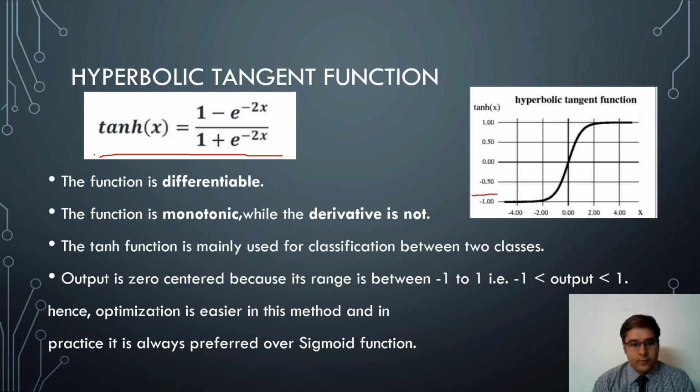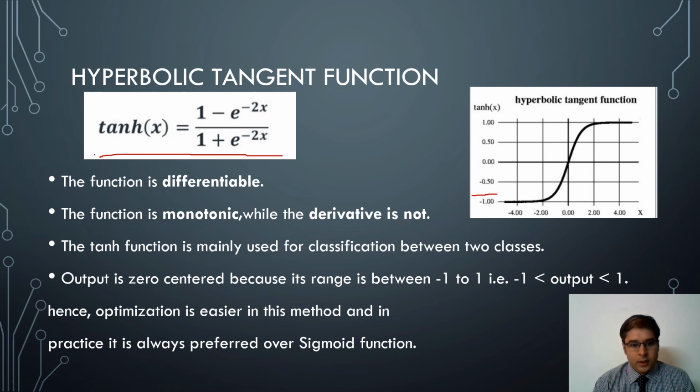The function is differentiable, the function is monotonic while the derivative is not. The tanh function is mainly used for classification between two classes. So when we want to classify based on two classes, we use the hyperbolic tangent function.